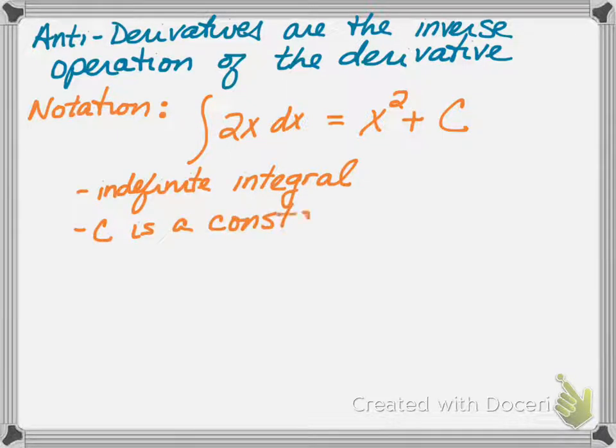The c is a constant, and the purpose of c when I think about graphing is a vertical shift, because it happens after I've evaluated the function.